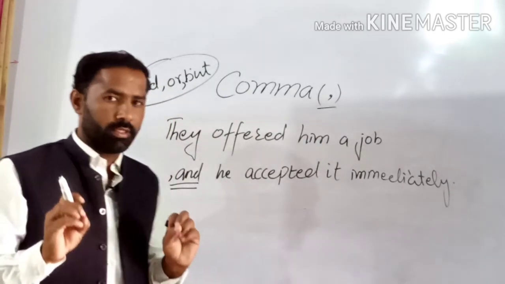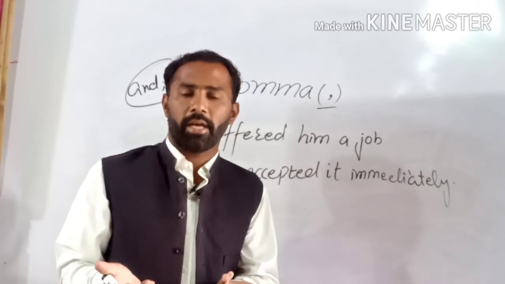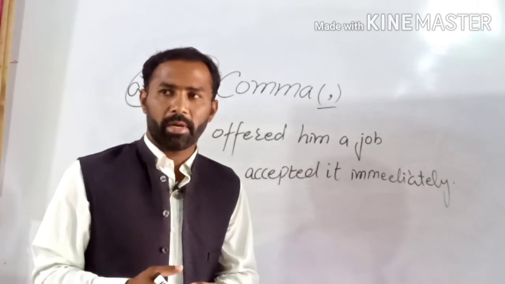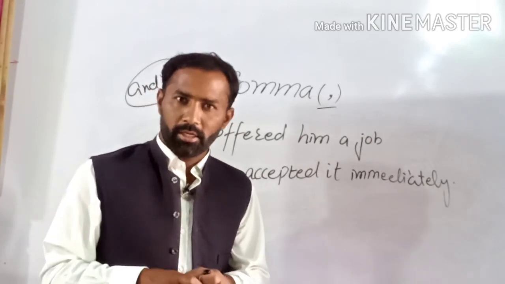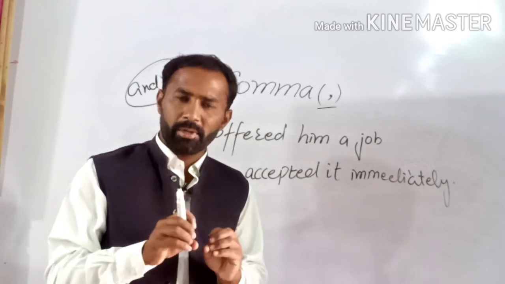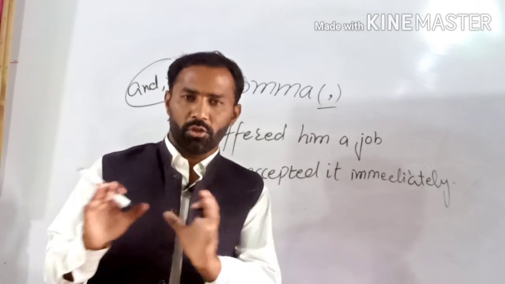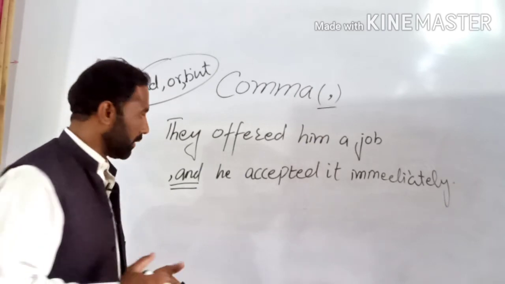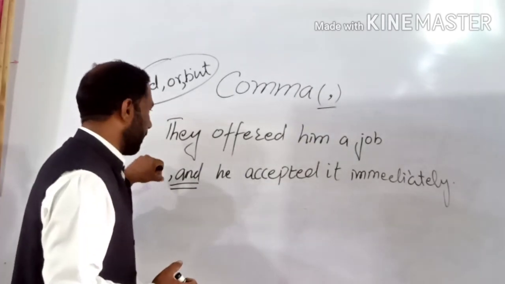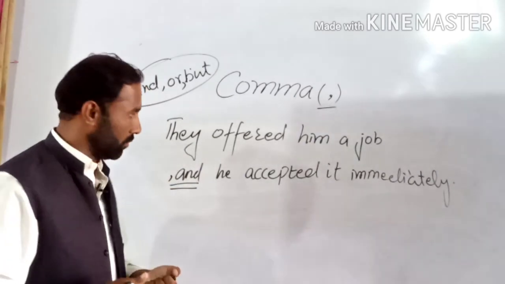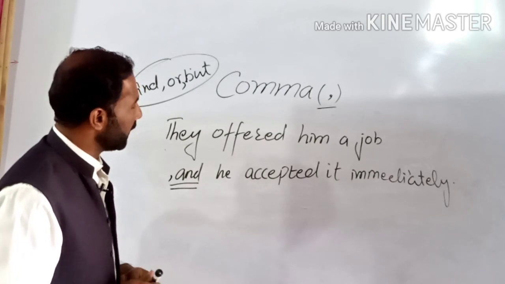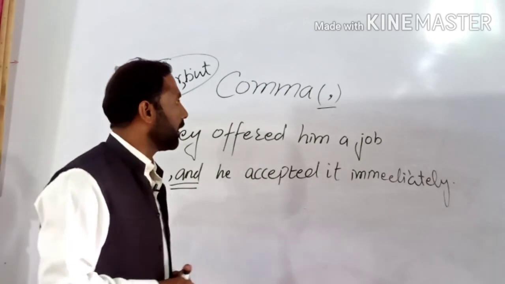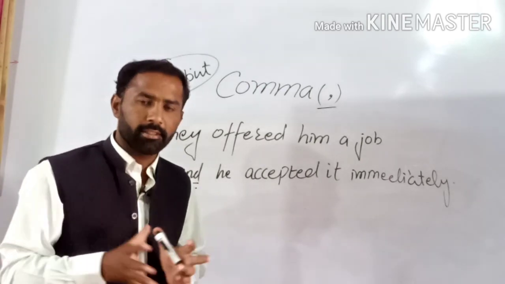If we don't use it, it would be a common error. So you have to keep in mind, sometimes it is not used, but we have to use it, otherwise it would be a common error, a comma splice. So I think this is the end of my lecture.